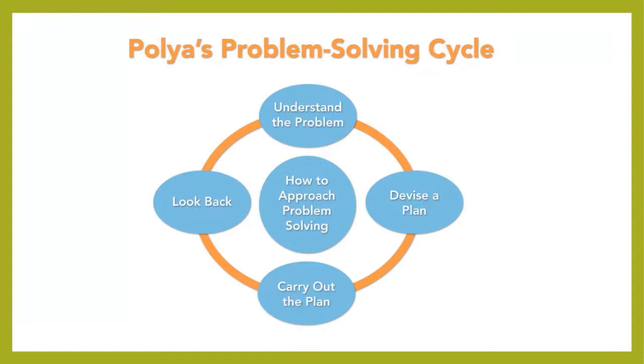The process of problem solving they use in this particular book is called Polya's problem solving cycle. Like we said, it's a cyclical process. The approach being, firstly, at the top, to understand the problem. Secondly, devise a plan. Thirdly, carry out the plan. And then finally, look back.